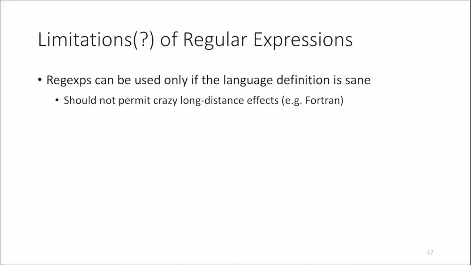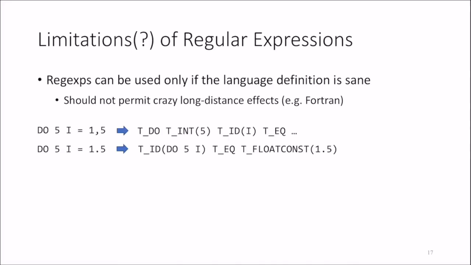One example comes from Fortran, where it's very difficult to write a regular expression to capture the craziness that you can do in Fortran. Here, the only difference between these two statements in Fortran is the fact that I've changed a comma to a dot.